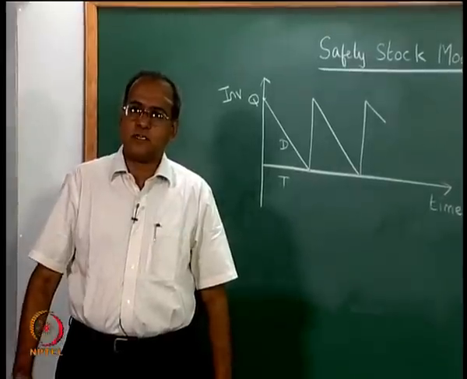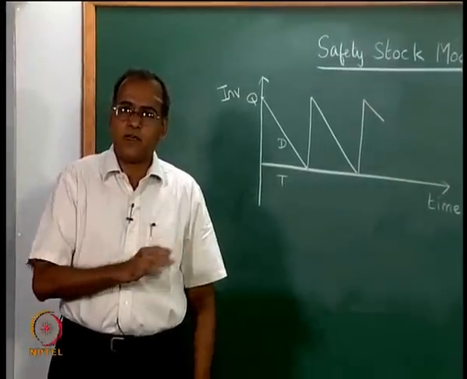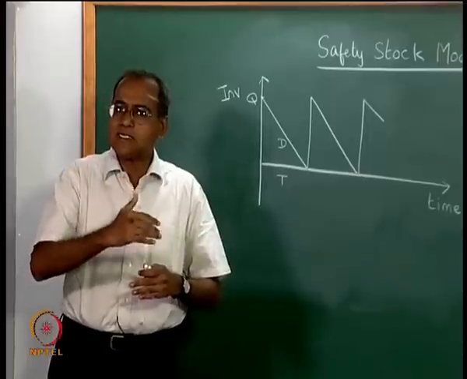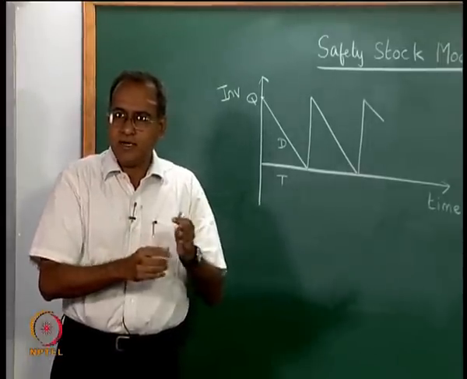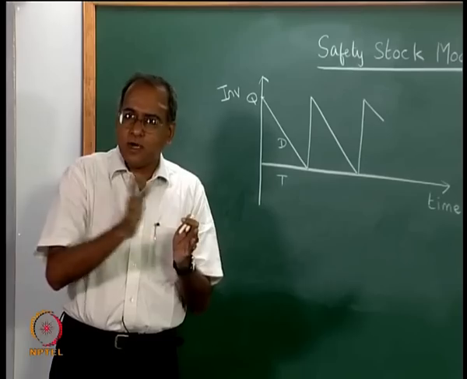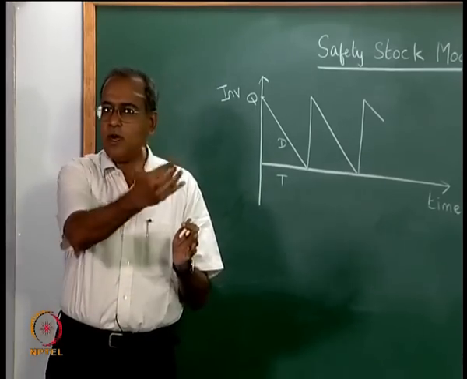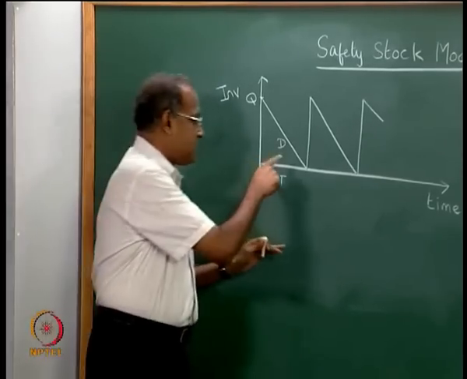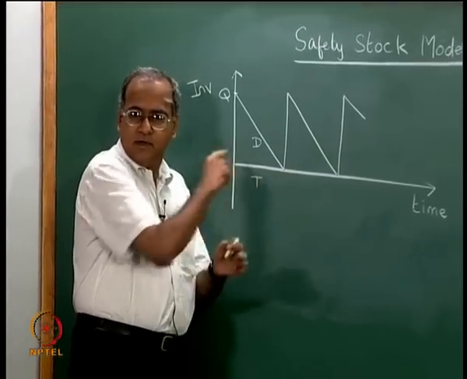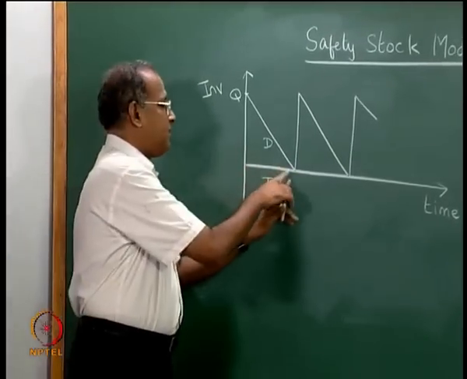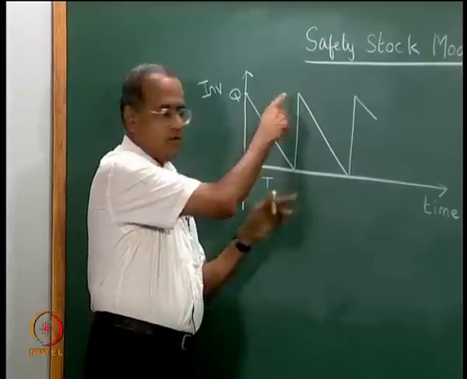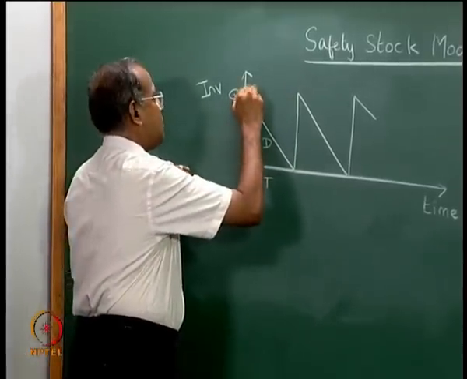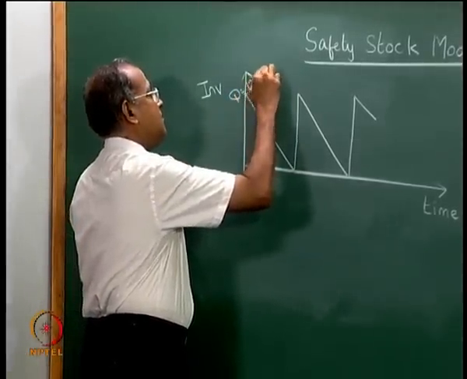In such a situation we would place the order when our stock position reaches 200, so that exactly in 1 week the 200 will be consumed and the new order will arrive. So stock position will be 0 exactly when the order arrives and it gets replenished to 1250. So, let me write this as Q equal to 1250.